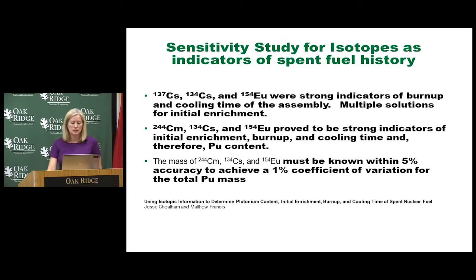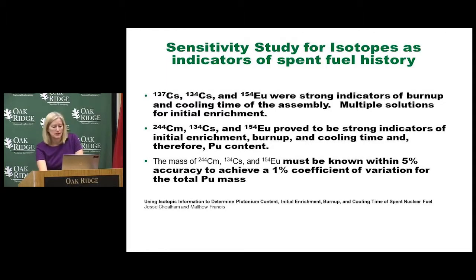And what he did was he found that if we could determine to within 5% the amount of curium-244, cesium-134, and europium-154 in the spent fuel, that we could determine the plutonium mass to within 1%.